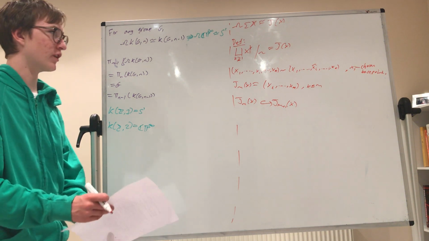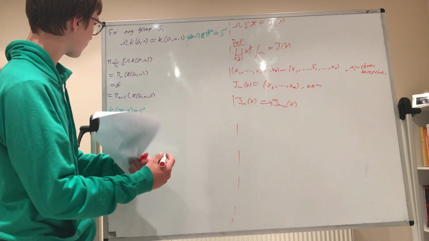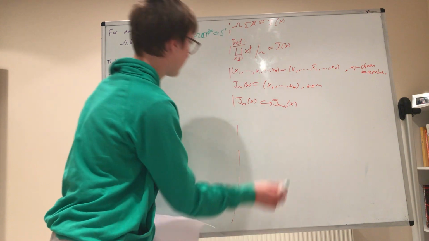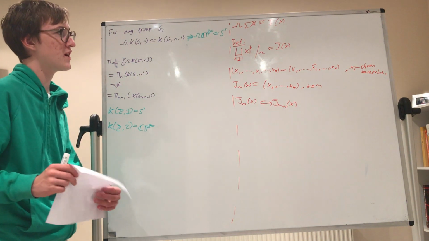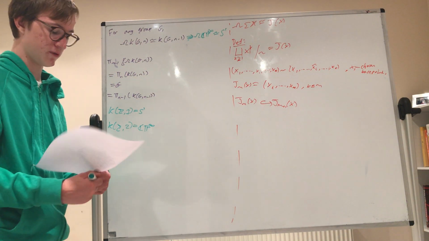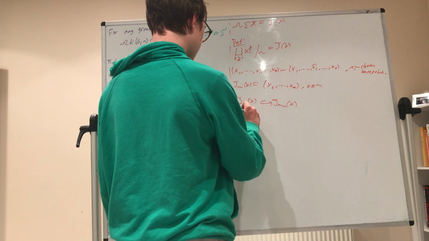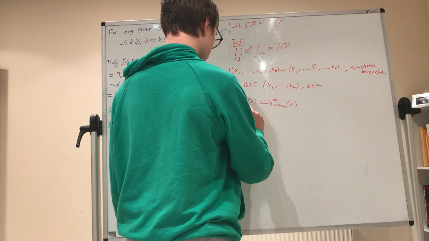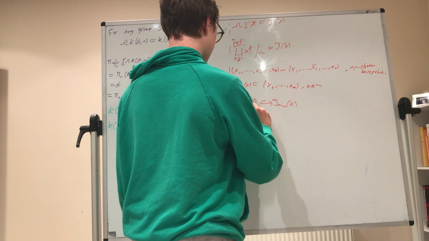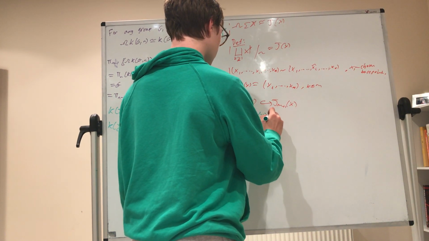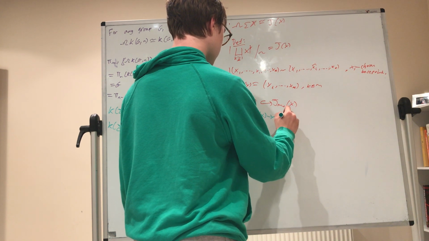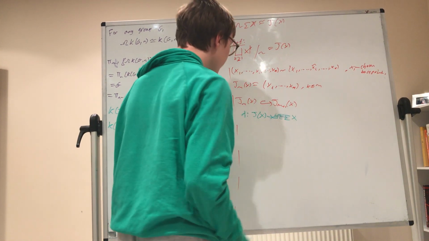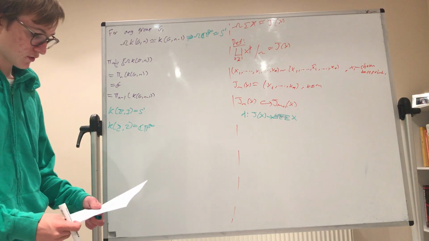And yeah, okay, so what we're going to do now is define a map between this construction here and the loop space of the suspension. So we'll define lambda from J of X to omega sigma X, the loop space of the suspension of X, as follows.